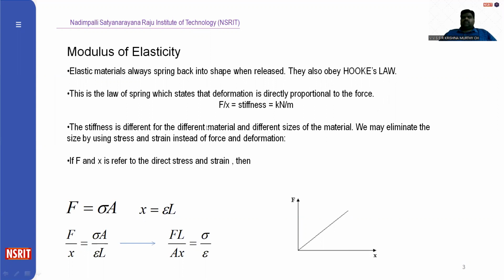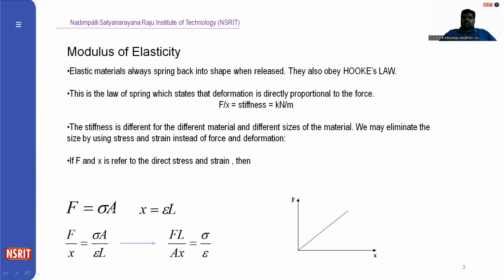The stiffness is different from material to material and with the size of the material. If F is the force applied and x is the deformation, then for direct stress and strain, we know that stress is equal to load by area.